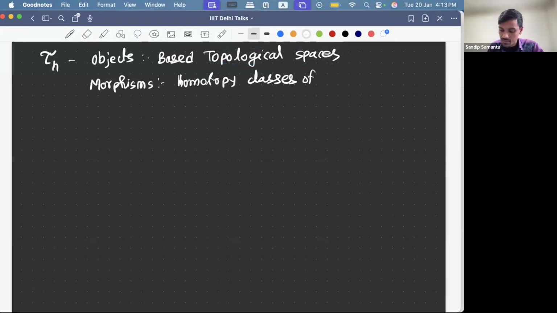So based topological spaces means that for each topological space, you have a choice of base point in that.